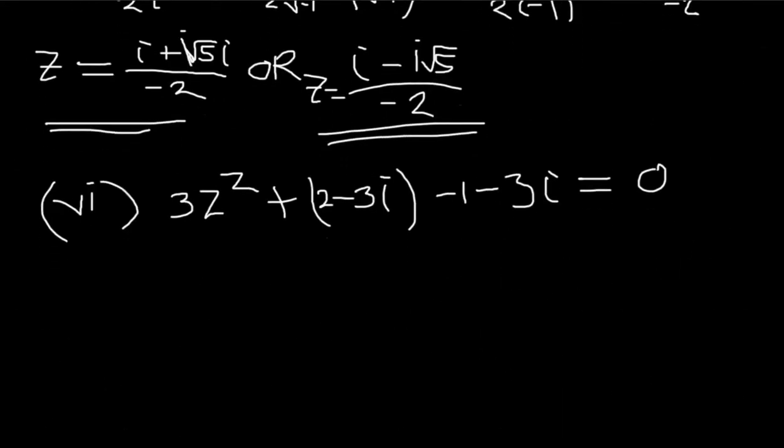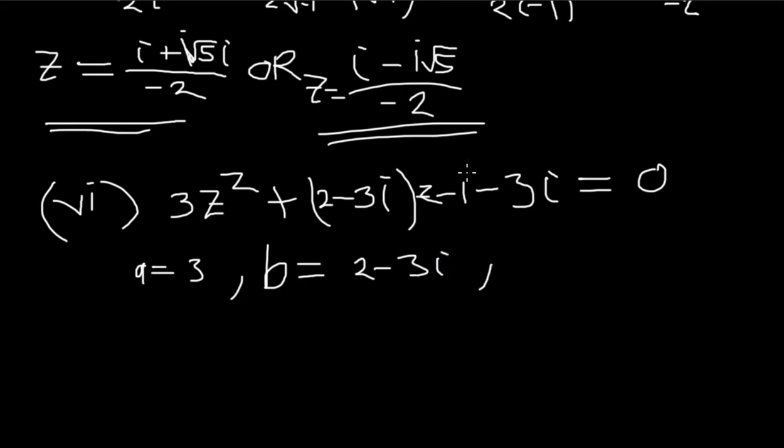Alright. The first thing that we need to do in this question is identify which one is our A. So our A here is going to be 3, which is just the coefficient of z squared, and then the coefficient of z is our B. So our B is equal to 2 minus 3i.